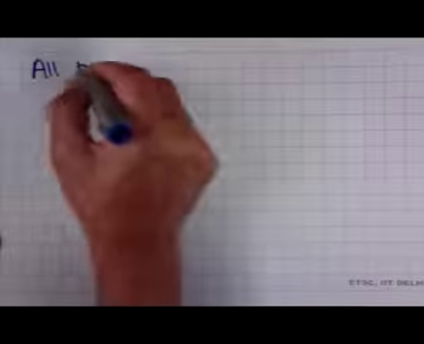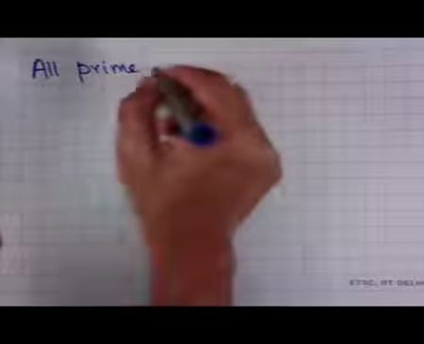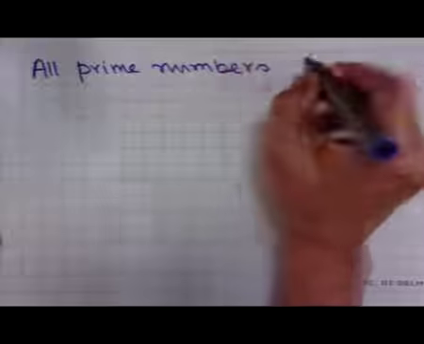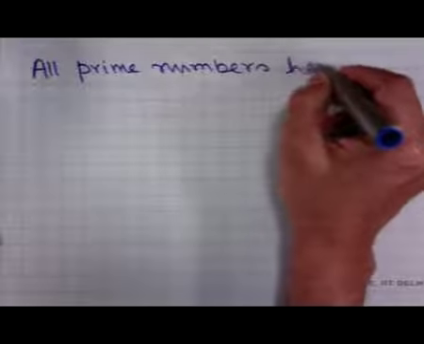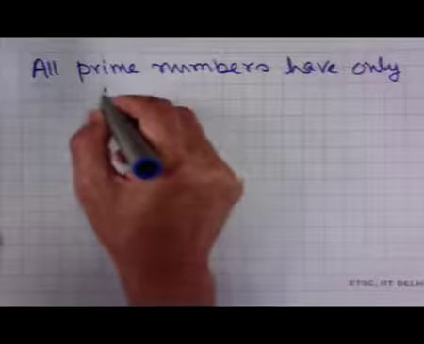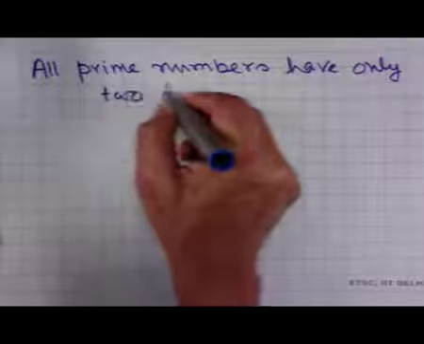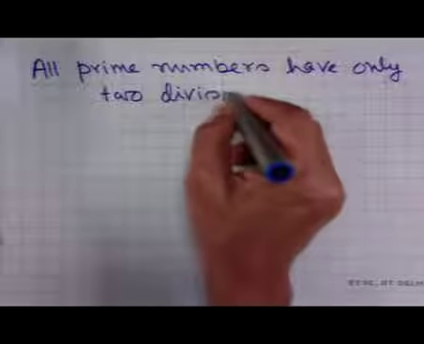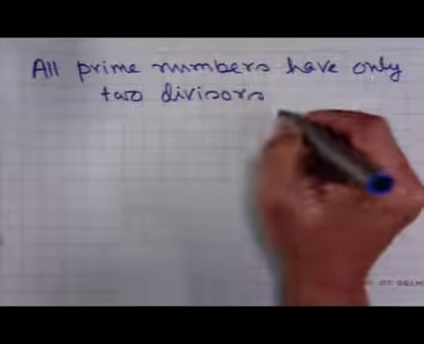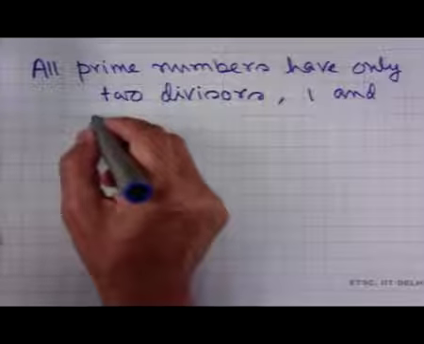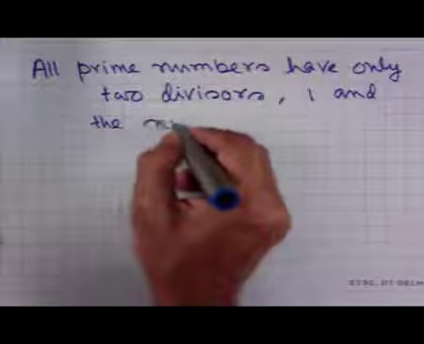I give you some more examples. All prime numbers have only two divisors, 1 and the number itself.